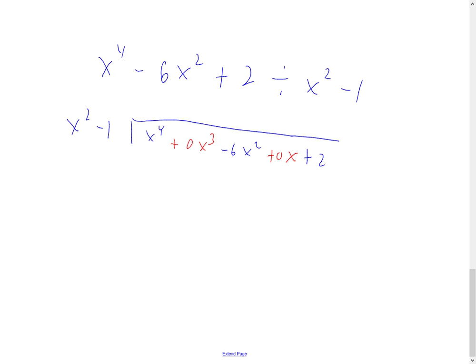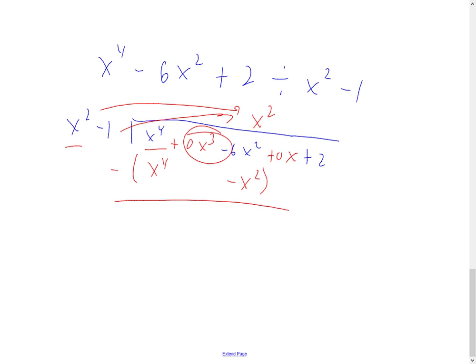So again, watch what happens. x to the 4th divided by x squared is what? x squared. And where would that go? Right there. x squared times x squared, x to the 4th, negative 1 times x squared, negative x squared. Did I need this? I didn't, but it didn't hurt anything to have it there. So there are some situations where you won't need them. But if you always put them, you'll have them there and they'll be ready to go. All right, I think that's enough.